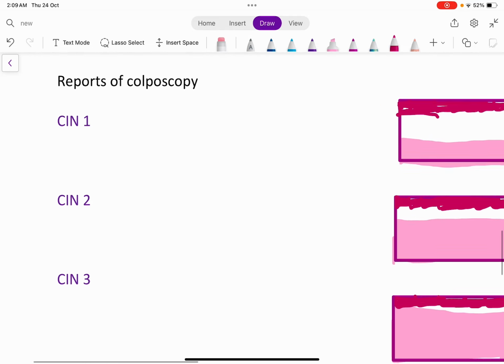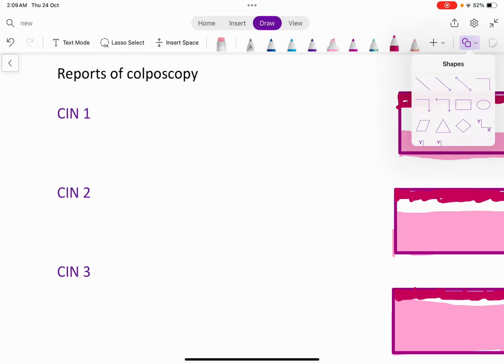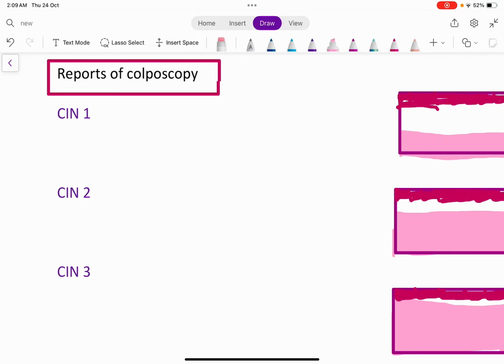Now we are jumping into the reports of colposcopy, which are even more important, right? We stated that the report of pap smear will come as high squamous intraepithelial lesion, low squamous intraepithelial lesion, atypical squamous cells of unknown origin, atypical glandular cells of unknown origin.